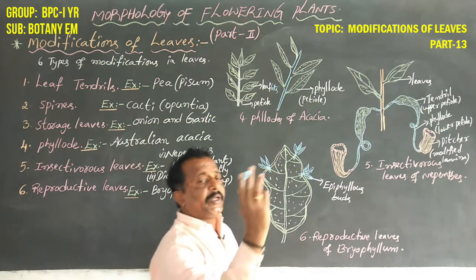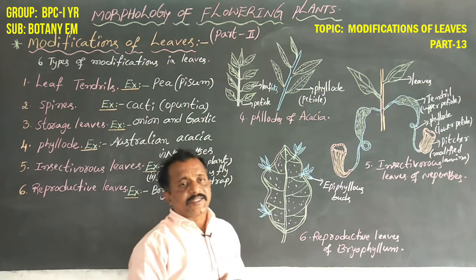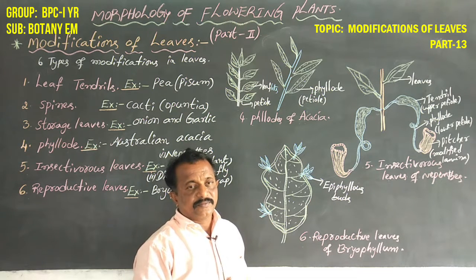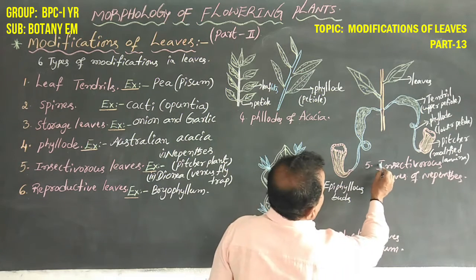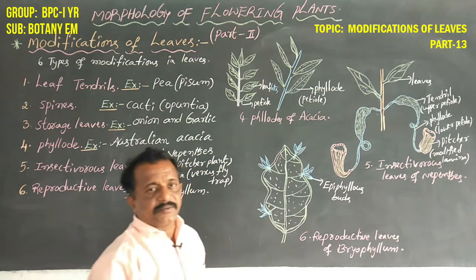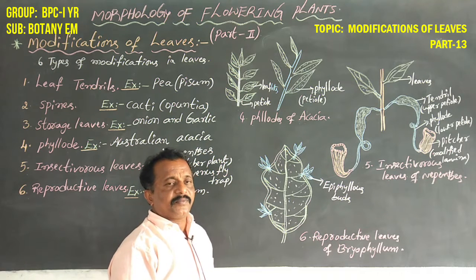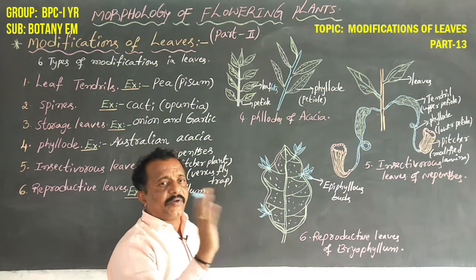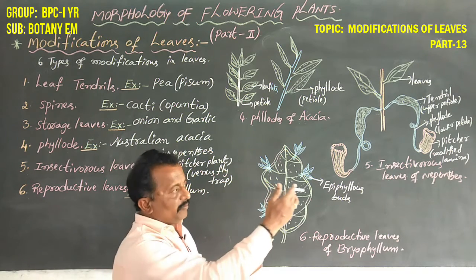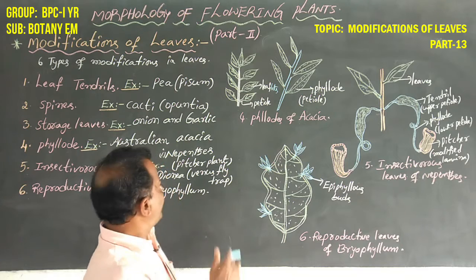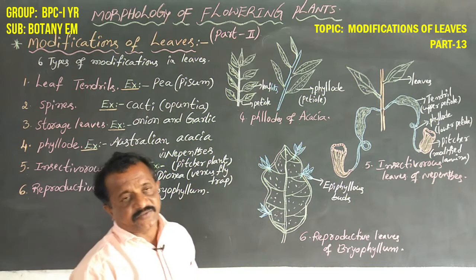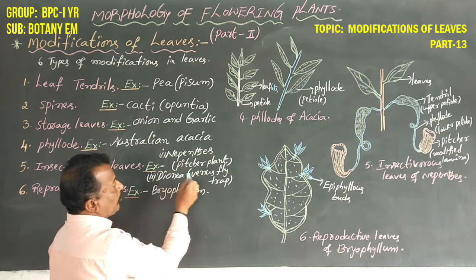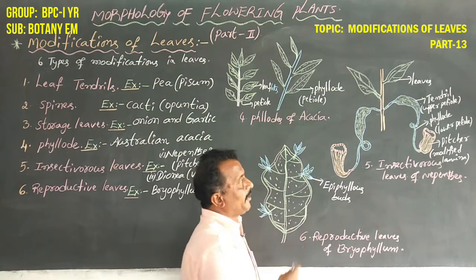This pitcher is always used to attract insects. This is the insectivorous leaf of Nepenthes. Especially in nitrogen-deficient soil, the leaves of plants are modified to pitcher-like structures and Venus flytrap-like structures. Nepenthes, common name pitcher plant, and Dionaea, common name Venus flytrap.